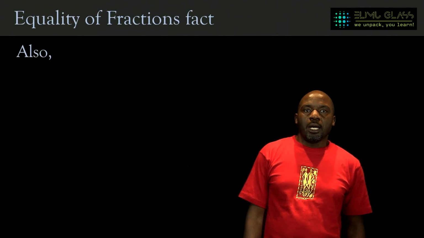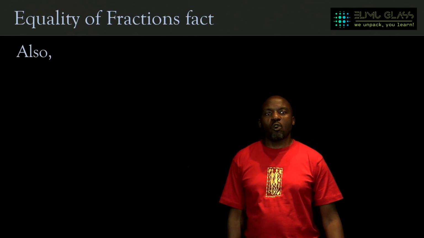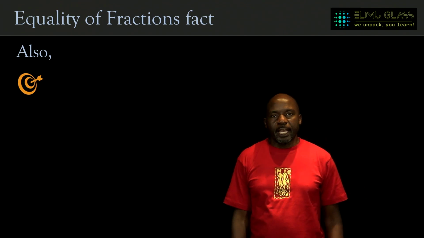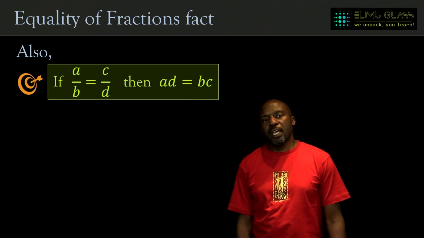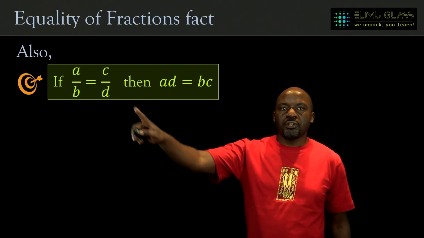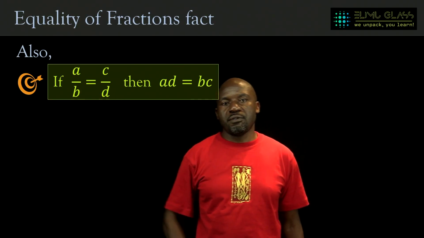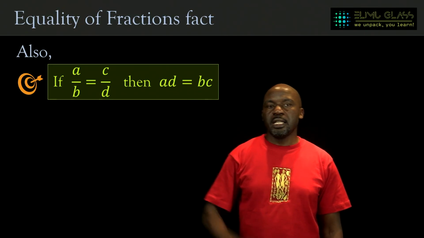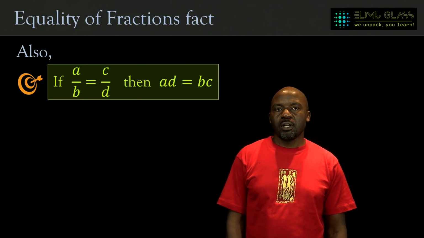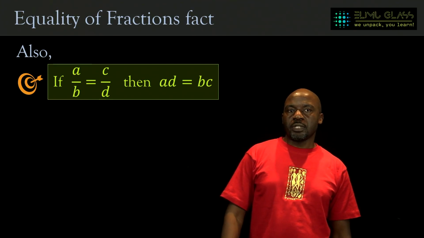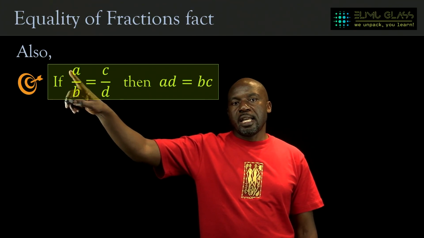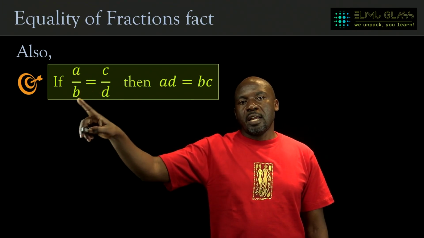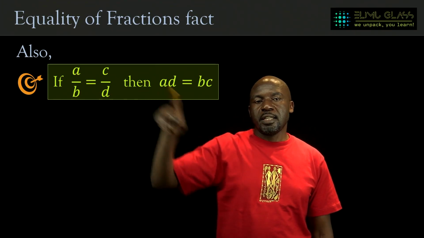What about the idea of equality of fractions? So we say, if some fraction a over b is equal to another fraction c over d, then we can use something called cross multiplication, which is to say we can multiply a and d on one side, and multiply b and c on the other side.